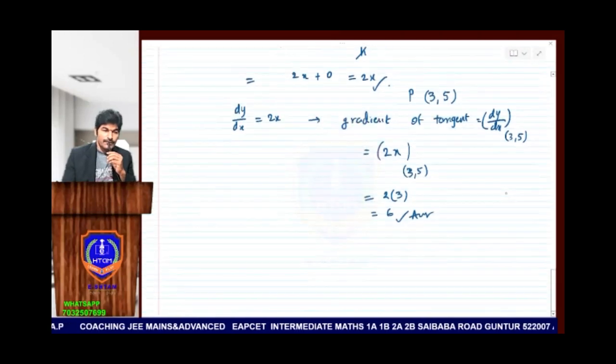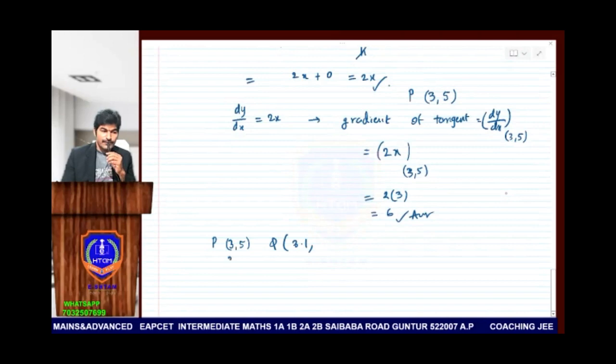Now we will consider this point P as 3 comma 5 and we will choose some random point, let us say Q. Suppose I took 3.1. Because we always assume the given point is x1, y1 and our assumed point will be x2, y2. We need to calculate this y2 value.